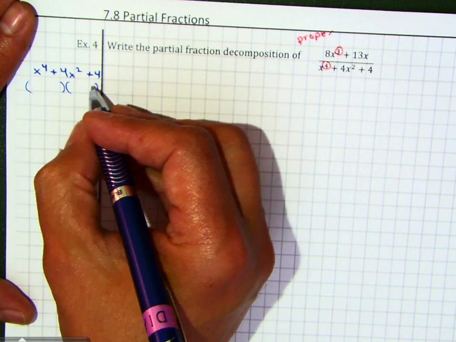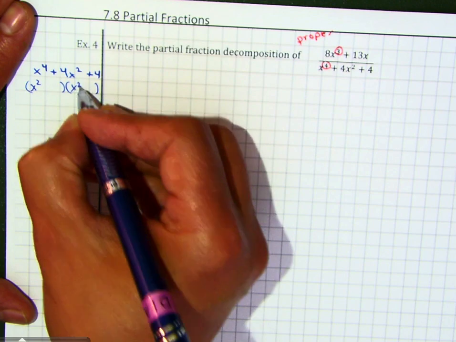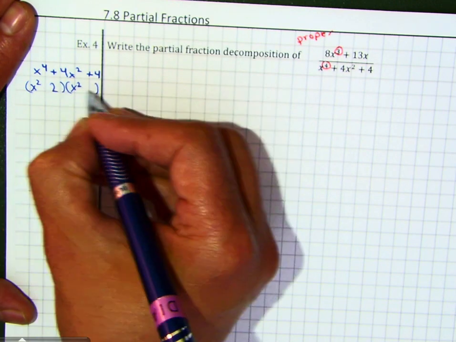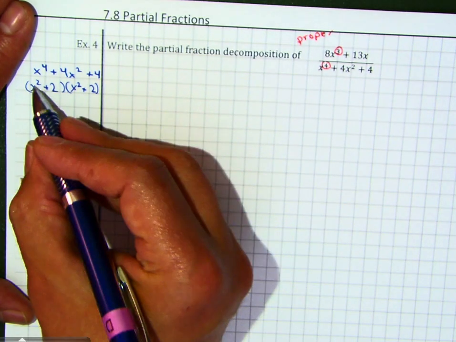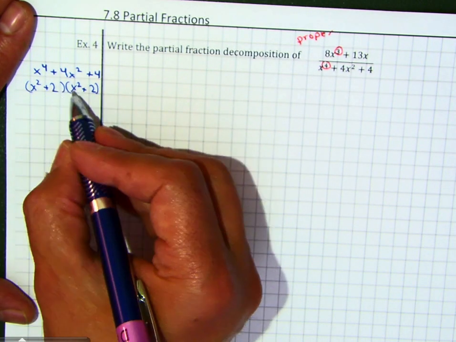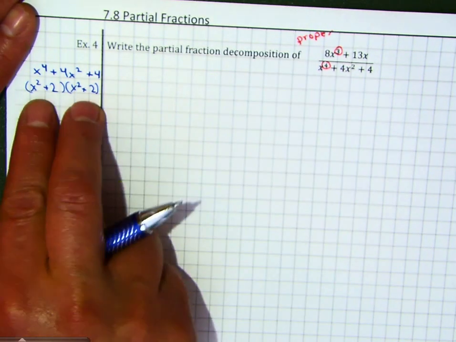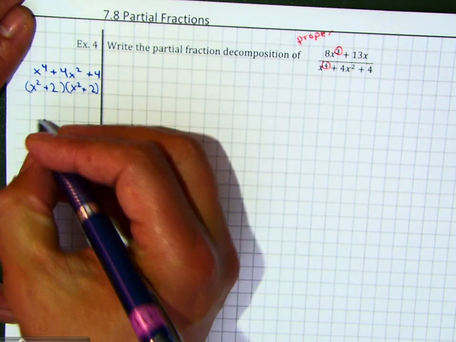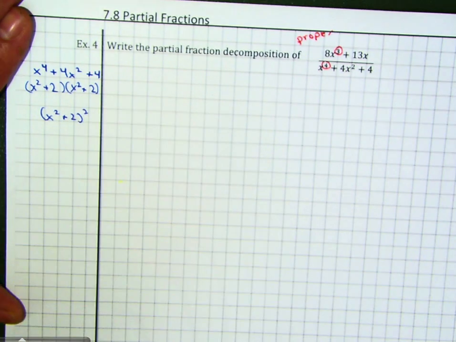It's a trinomial, nothing to factor out. So there'll be just x squared and x squared. Factors of 2, 2 and 2, and they both should be positive. That's x to the fourth, 2x squared and 2x squared is 4x squared, and then positive 4. They both are exactly the same, so it's essential that you rewrite them as x squared plus 2, squared.